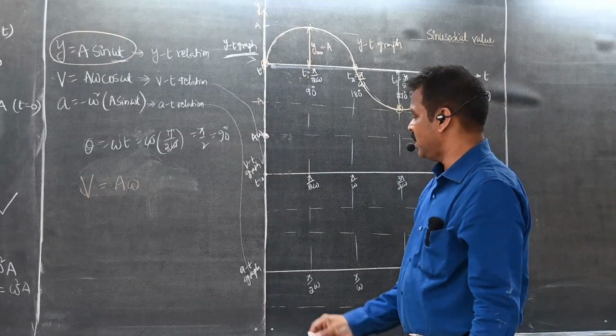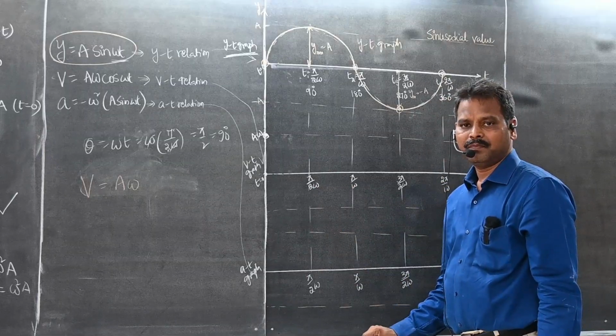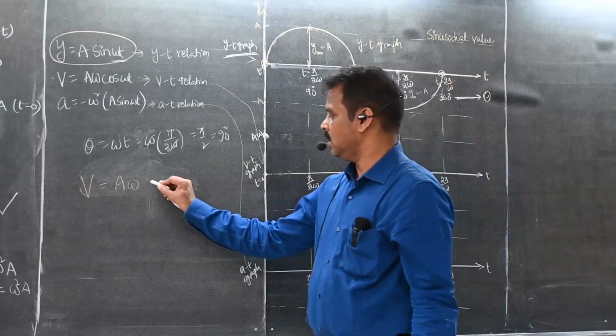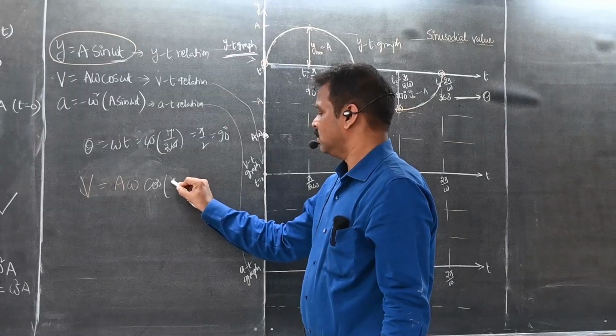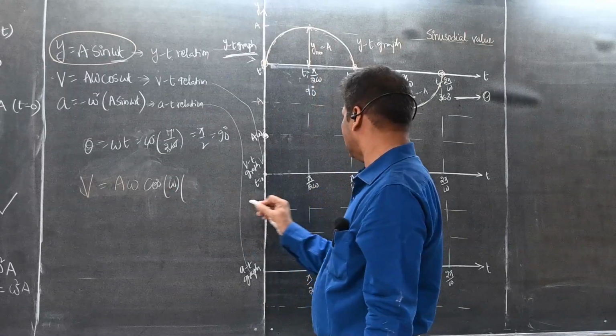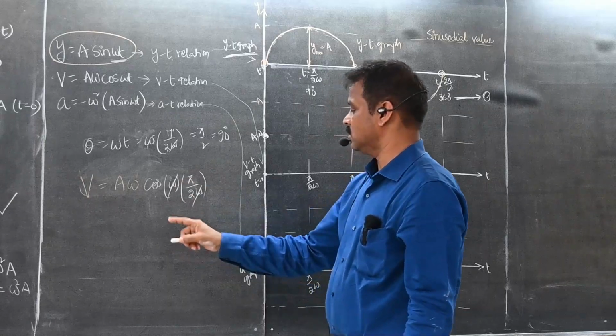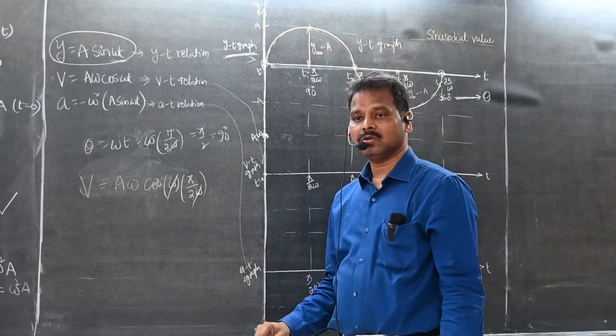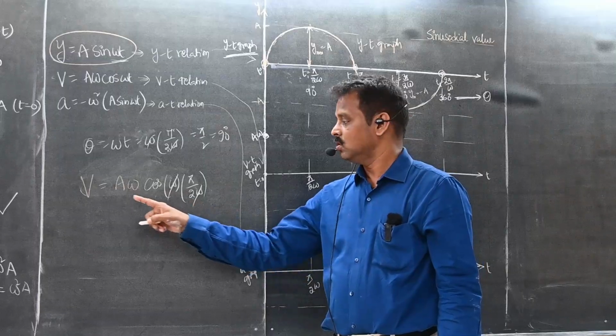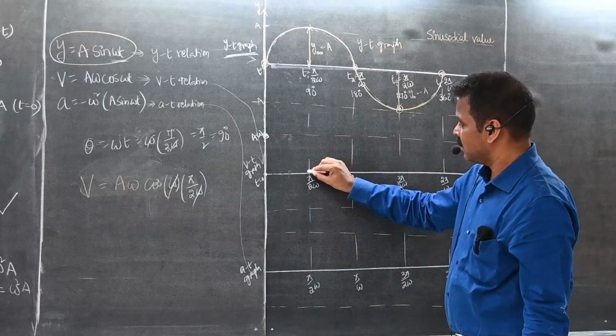Then what is the next time? Pi by 2 omega. A omega cos omega into time. Omega cancels. What is cos pi by 2? Cos 90 is 0. So velocity will become 0 at this time.